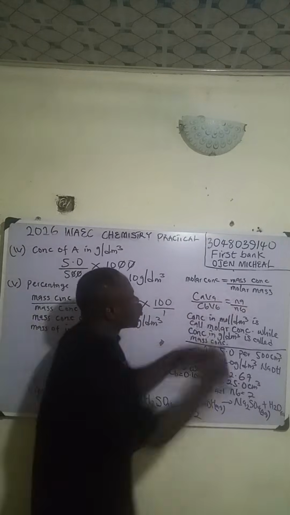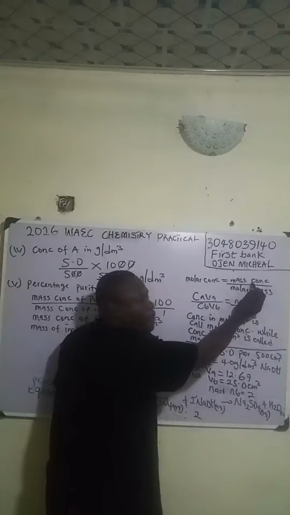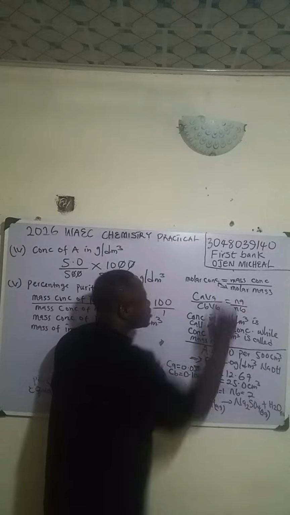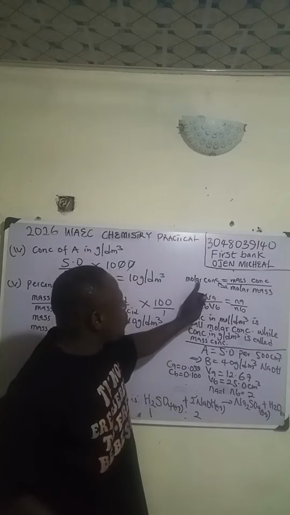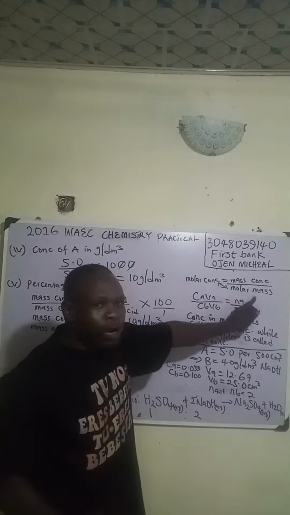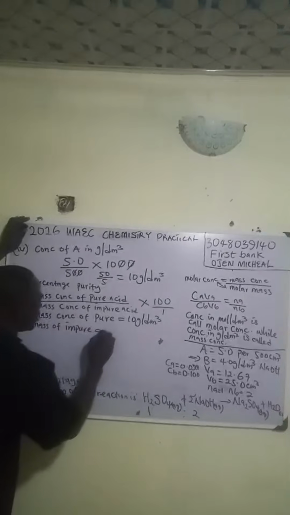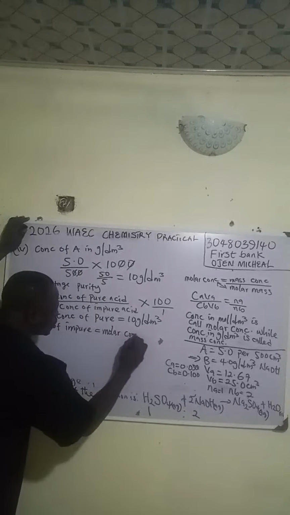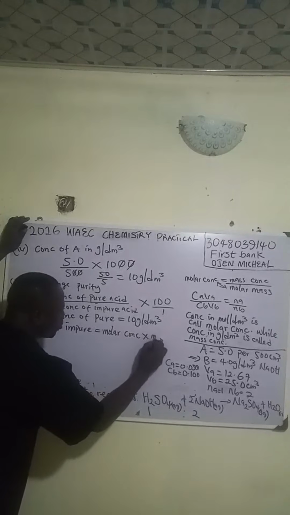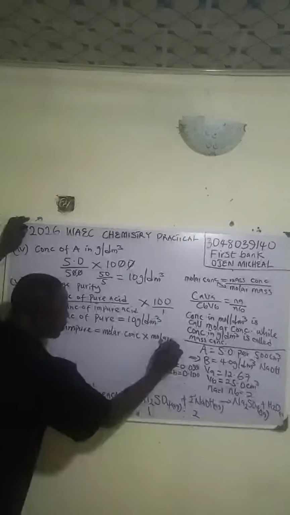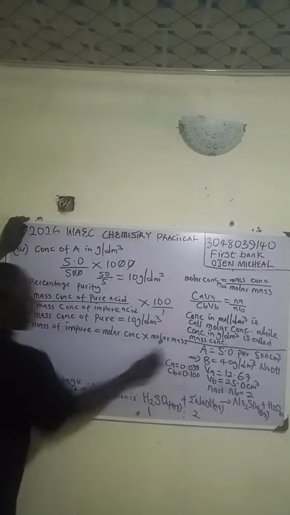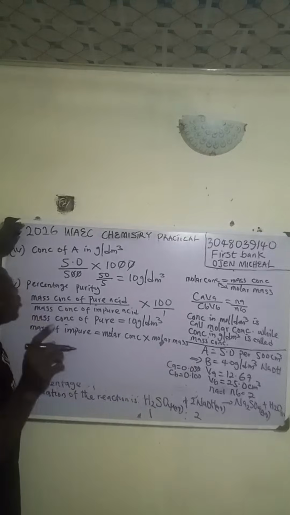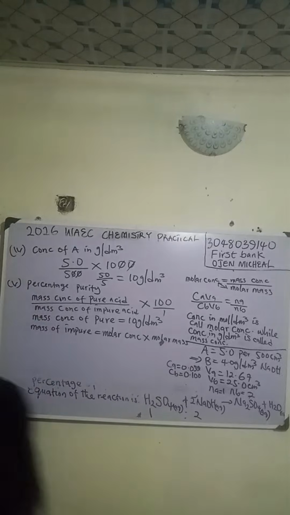You cross multiply because you are looking for mass concentration. So it will be molar concentration multiplied by molar mass. Remember, whatever you are doing of acid, you are doing the one of acid. So take note of that.